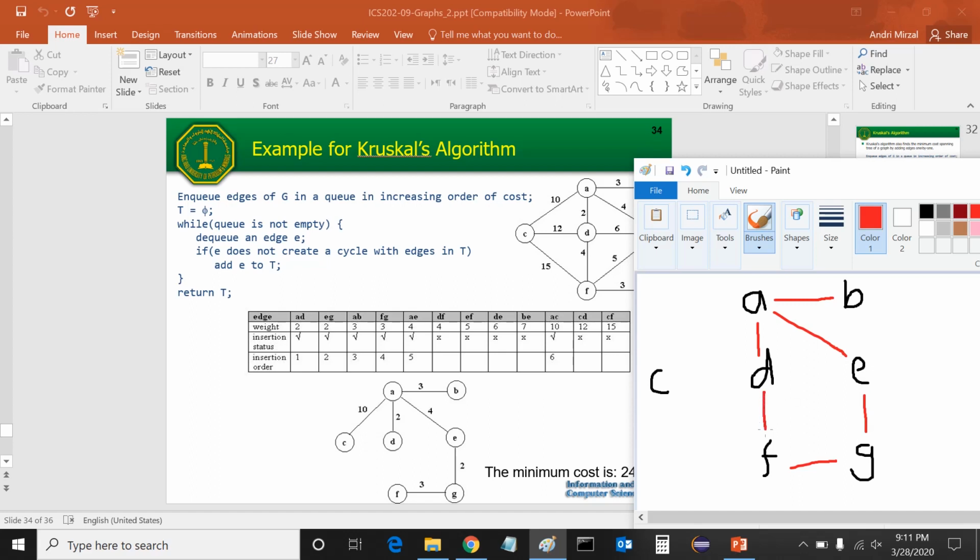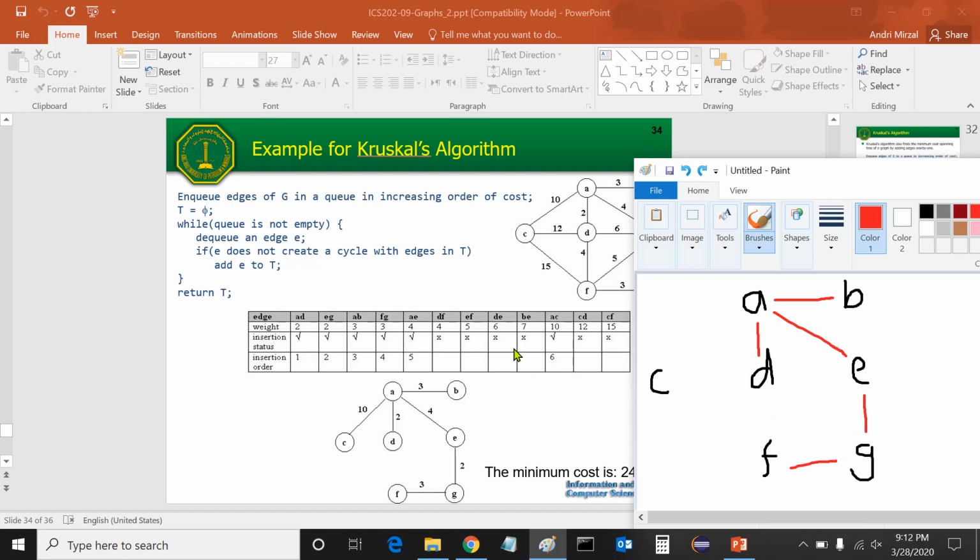When we draw DF, we draw this edge. You can see that there will be a cycle generated if we connect D to F. Okay, as you can see, if the edge creates a cycle, we cannot add E to the T. That's why we cannot really add DF into this graph. Okay, so we need to undo this step.